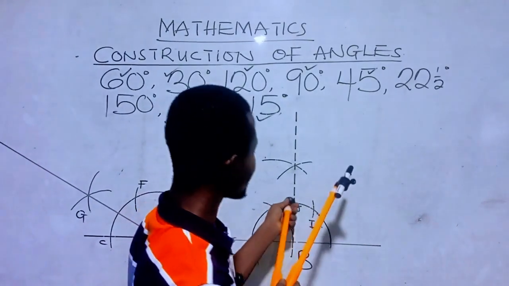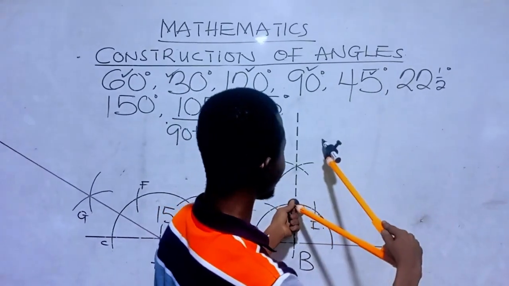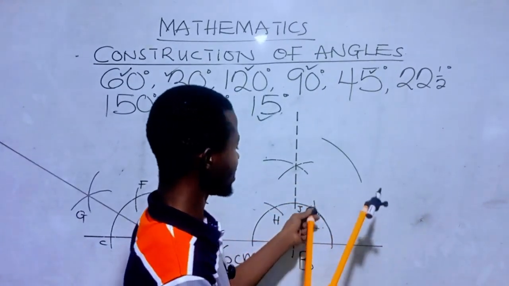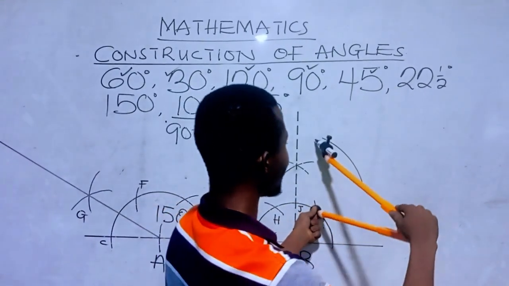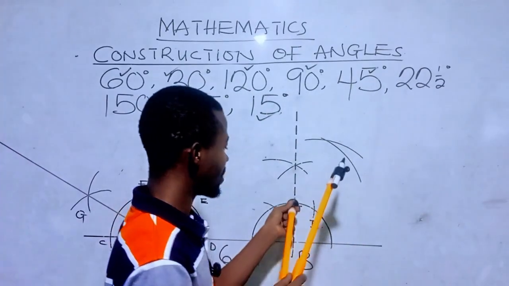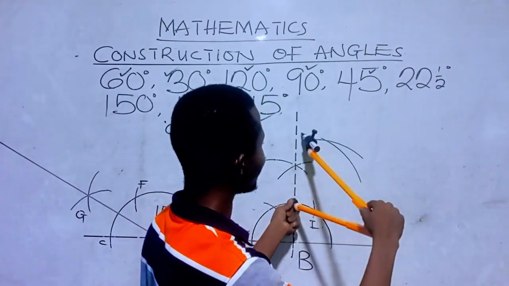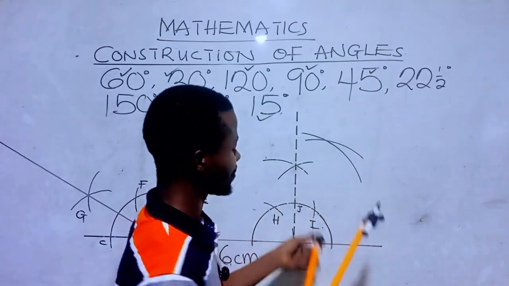So I'll stand at J and make an arc. I'll stand at I and make an arc to cross the first one. I think the first one is not long enough, so I'll come back and extend that arc like this.